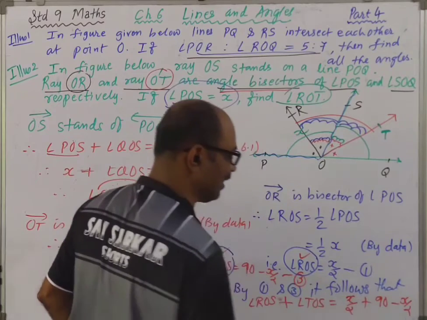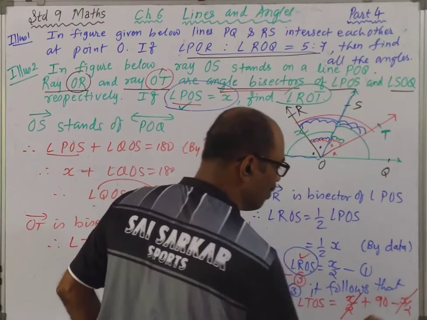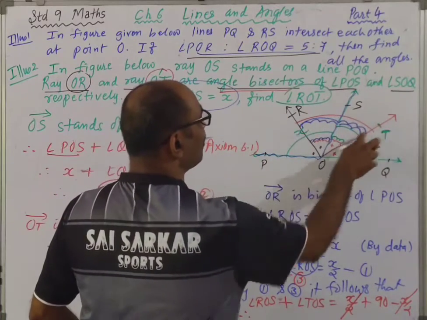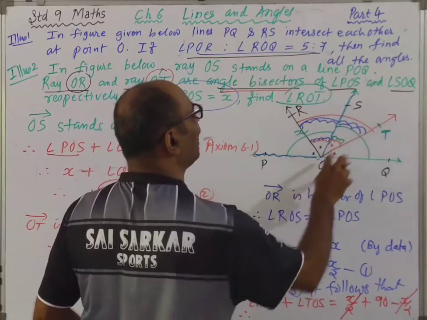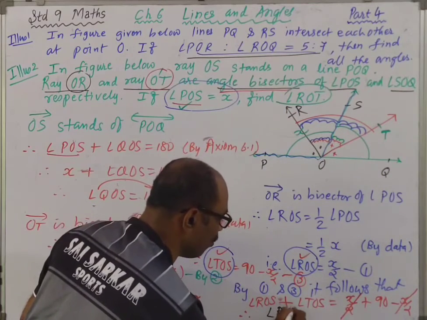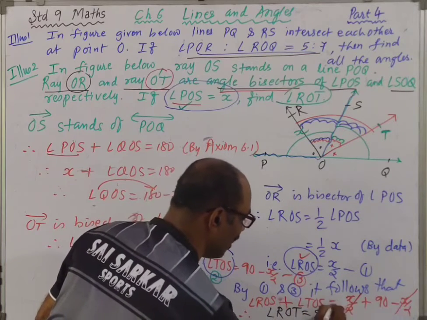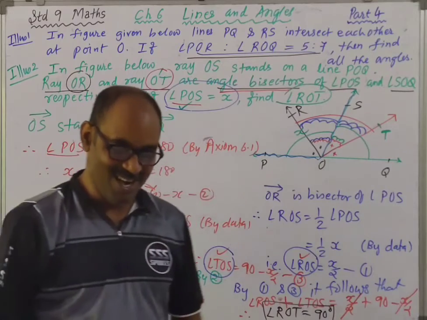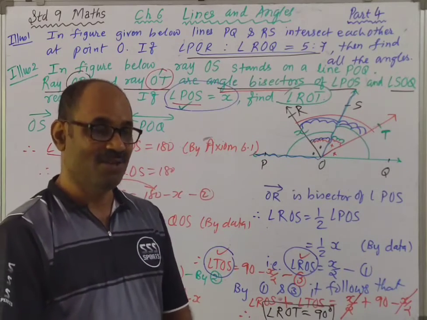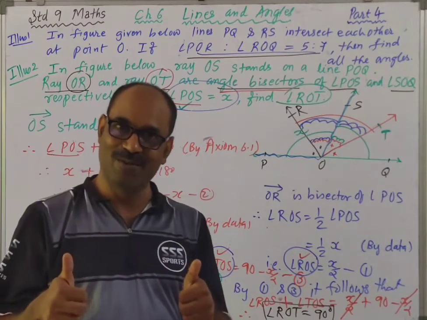Here there is a plus, so brackets are not needed. Children, on the same side, two opposite terms, plus x by 2 minus x by 2. Therefore, children, ROS plus TOS, add both and you get ROT, the goal. Therefore, angle ROT is equal to, what is left? 90 degrees. And this is your answer. Clear to you, children? I hope you have understood. It takes a lot of writing, but that is how it is. You have to write. So this was illustration number 2.